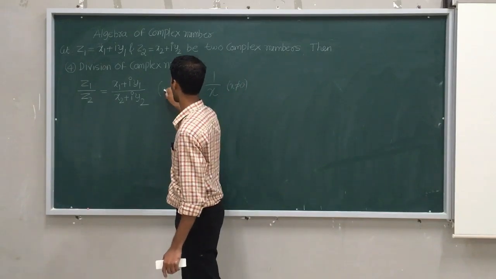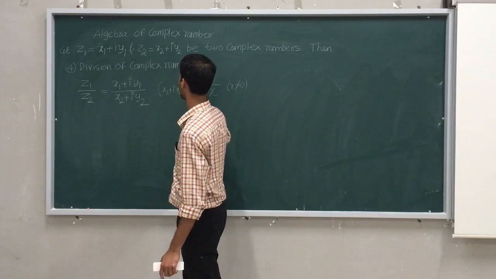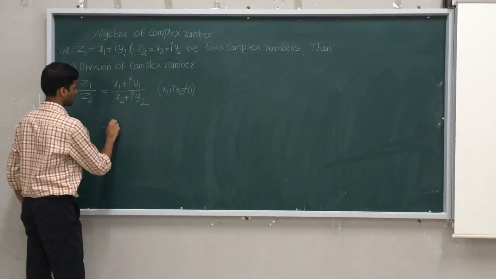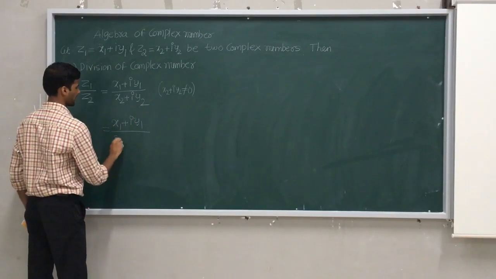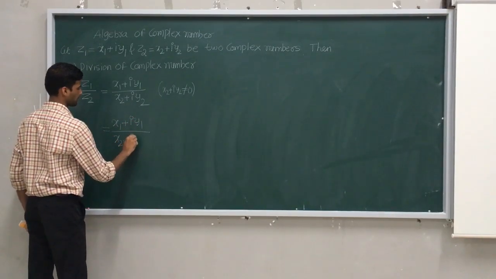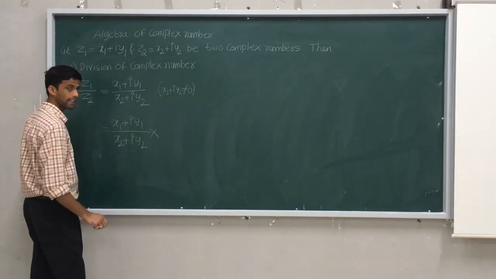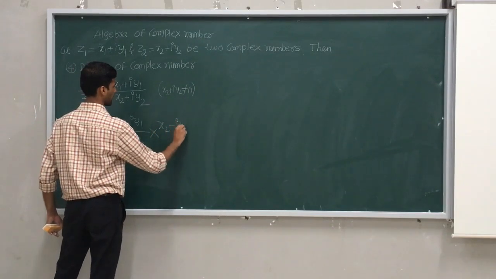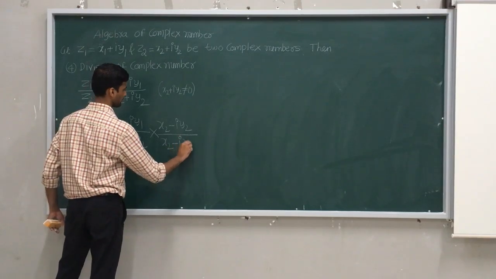Therefore I need to write here x2 plus iy2 not equal to 0. This is essential. Now in the next step, I will multiply and divide by the conjugate, that is x2 minus iy2 divided by x2 minus iy2.